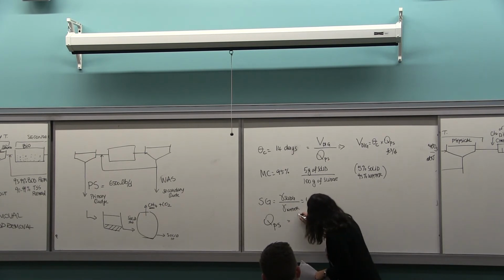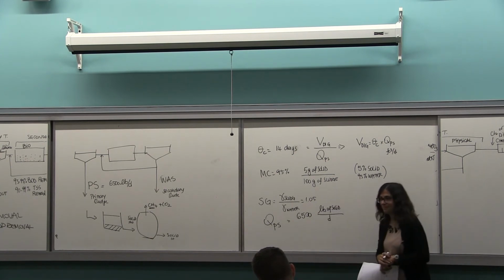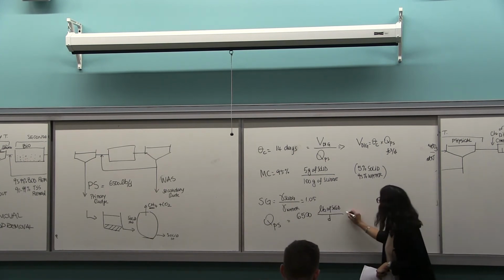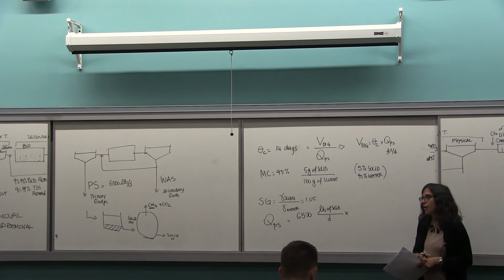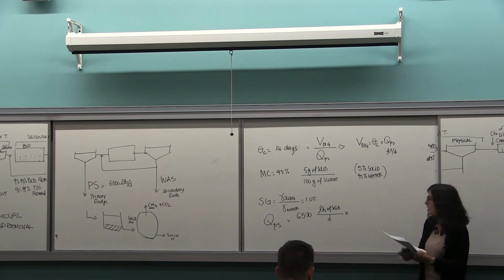So we start with 6,500 pounds of solids per day. Only 5% of the sludge is solids, right?